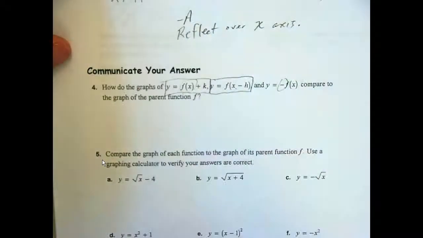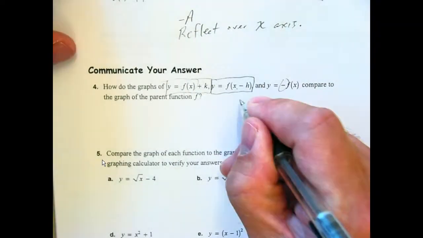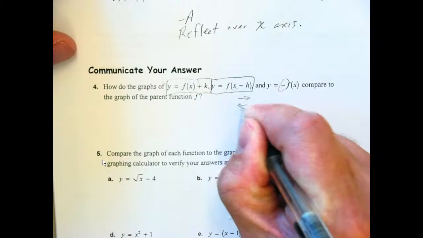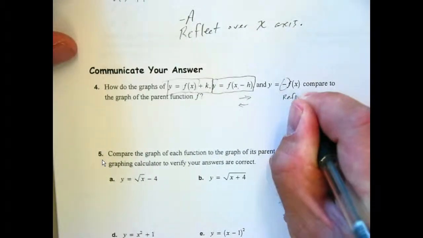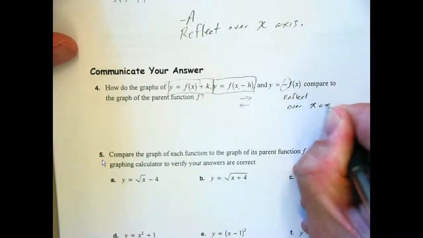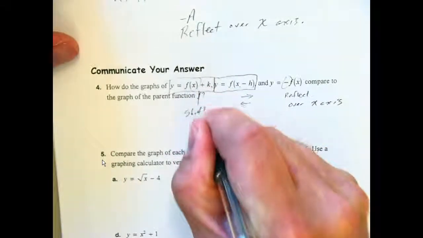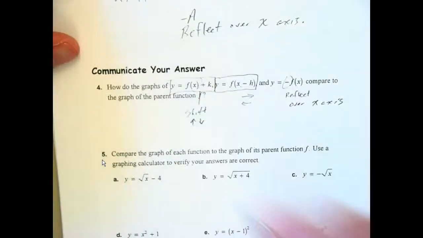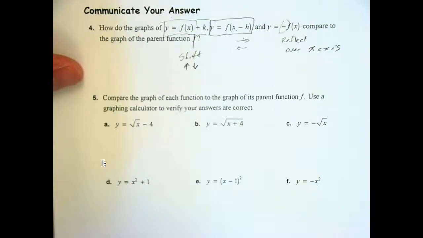How does it compare to the parent function? Well, that's kind of what we just talked about, where h shifts it left or right. This reflects it over x. And this shifts it up or down. Okay, any questions up to there?